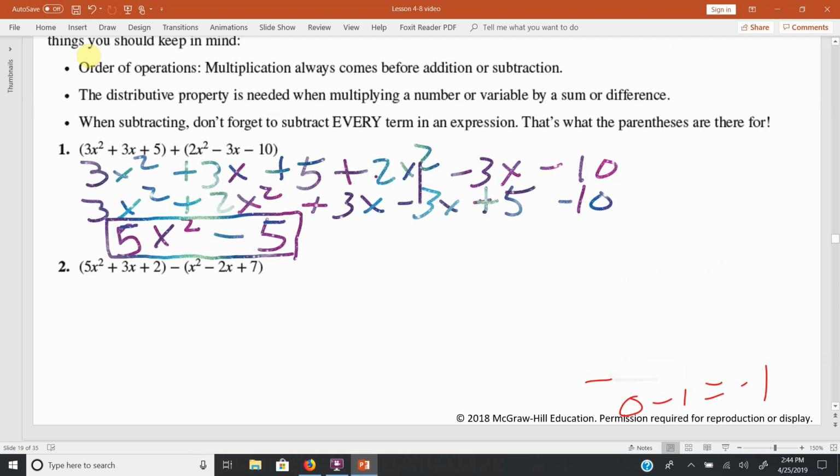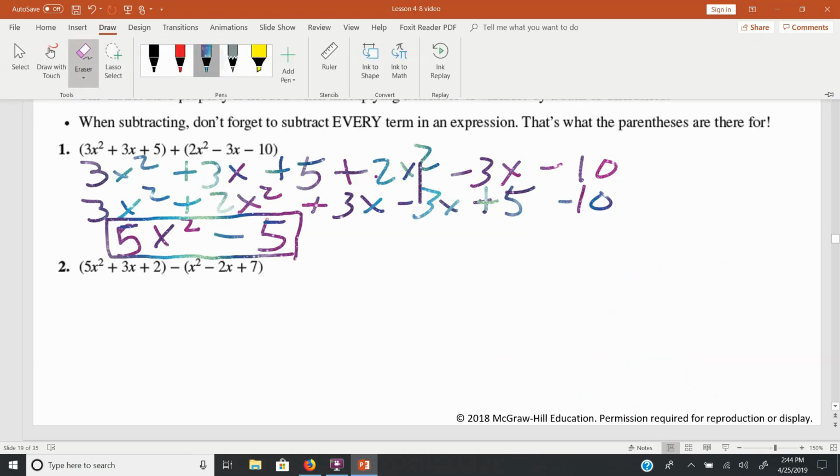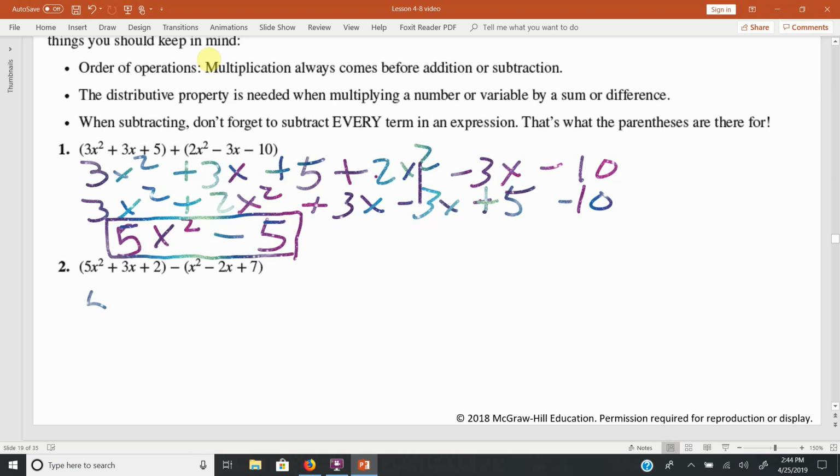That allows me to get rid of the parentheses and still get the same answer. So I have 5x squared plus 3x plus 2 minus x squared.